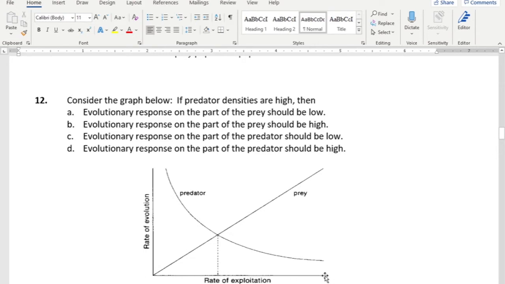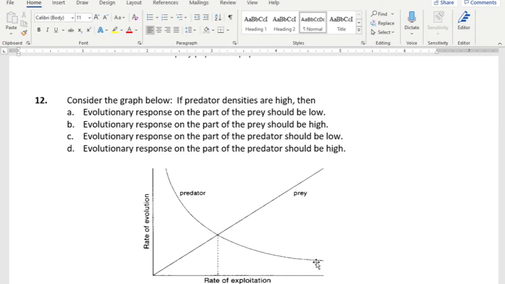So as the rate of exploitation is higher, in other words, as more and more prey are being taken, the selection pressure on the prey is intense, then the rate of evolution for the prey should be high. But if the rate of exploitation of prey is high, the predators are doing something right.